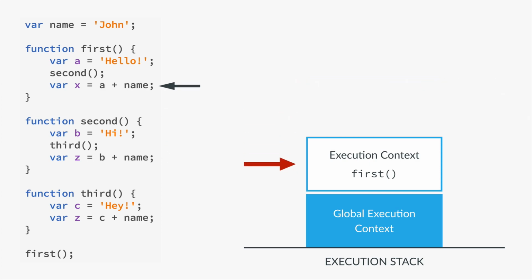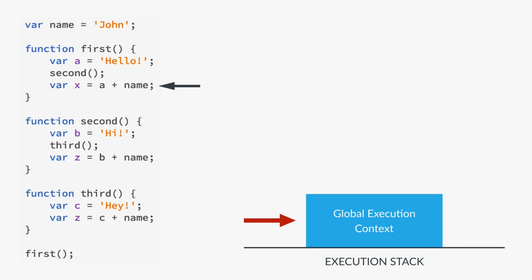So back to the first function now, and here the same thing. The function is done, it returns, and so we exit it and the execution context pops off the stack. And like this, we executed all three functions, created three execution contexts, and popped them off the stack when the functions returned.